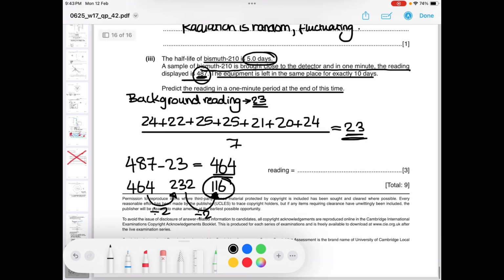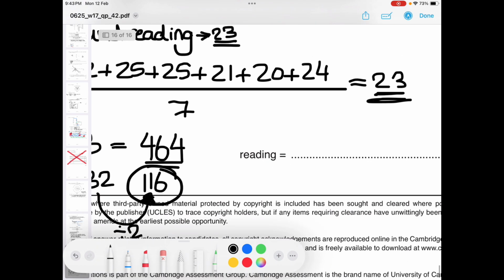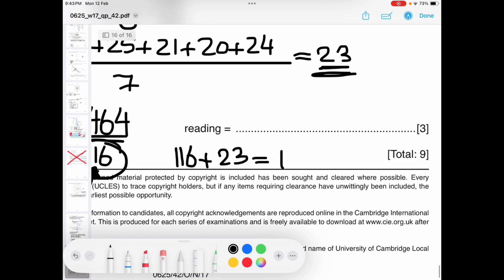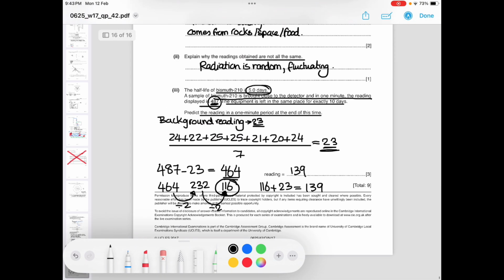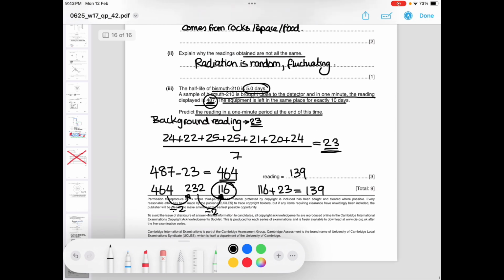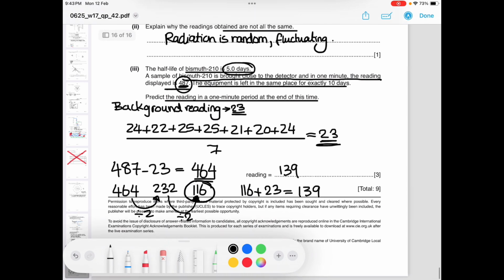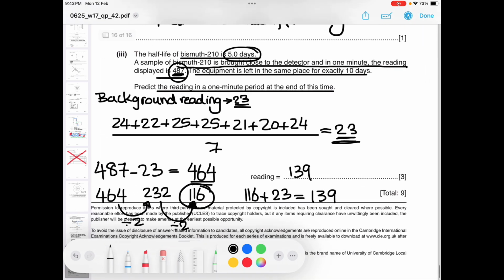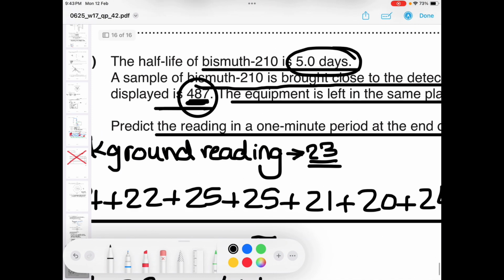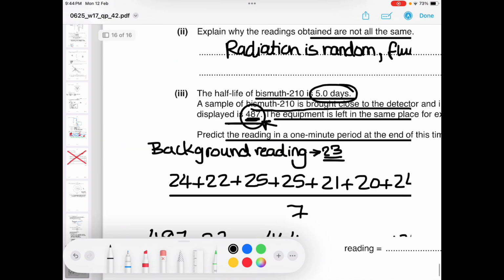Don't forget to add the background reading after that. So 116 plus 23 is 139. Also, don't forget the units. No, there's no units. It just gave me the reading.